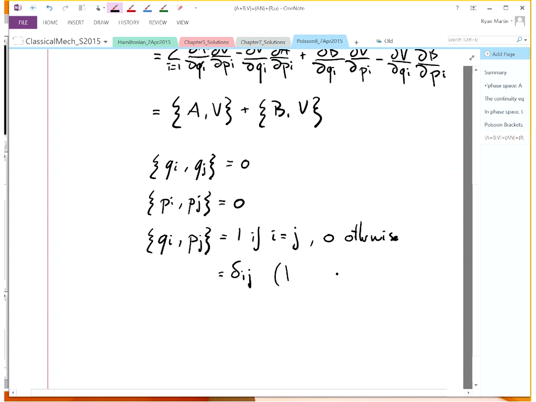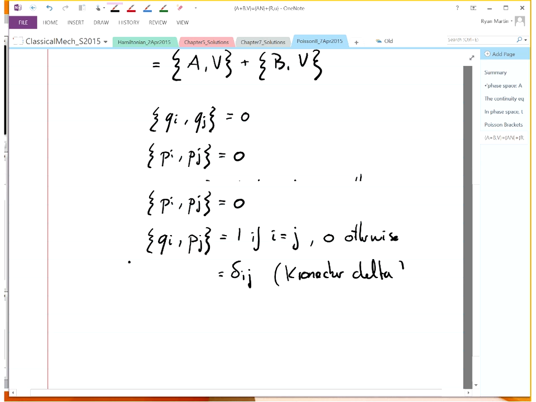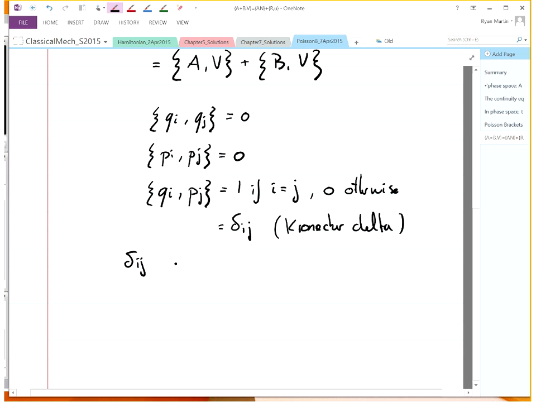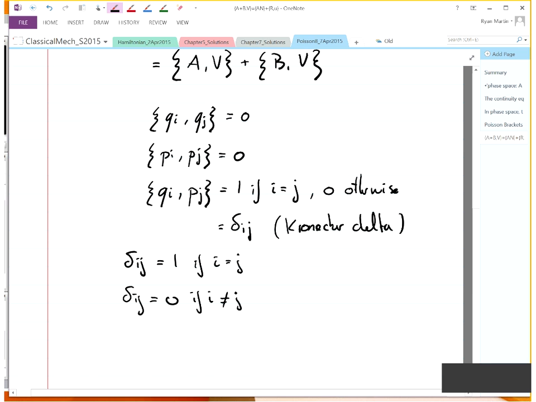It's called the Kronecker delta. The Kronecker delta δ_ij is equal to 1 if i is equal to j, and it's equal to 0 if i is not equal to j. That's just a notation. So anytime you see δ_ij, if i is equal to j, you put in a 1, otherwise you put in a 0.